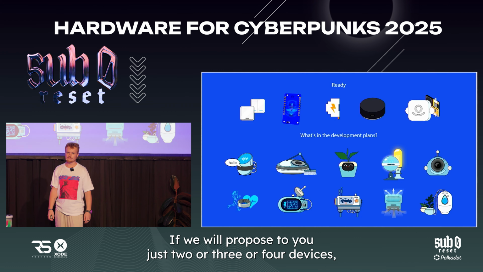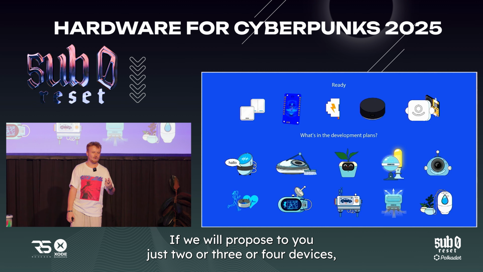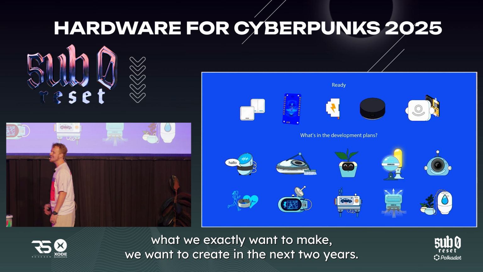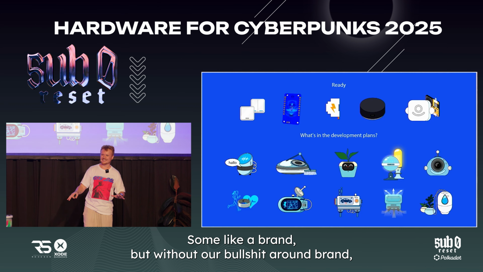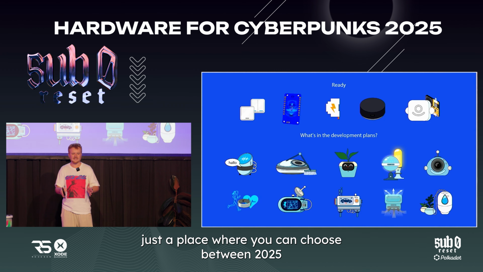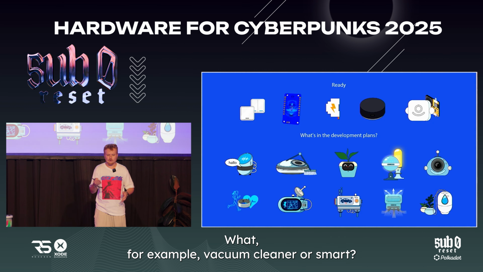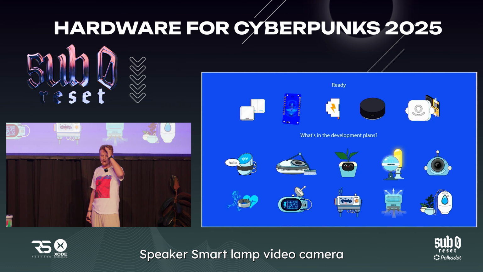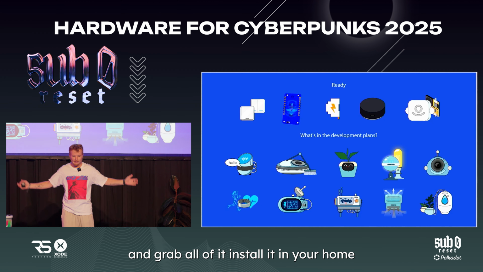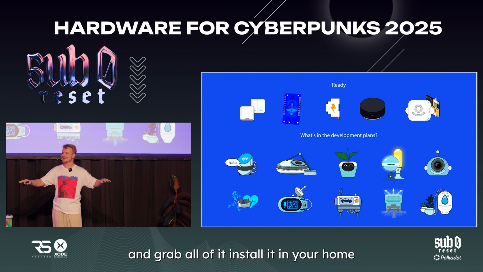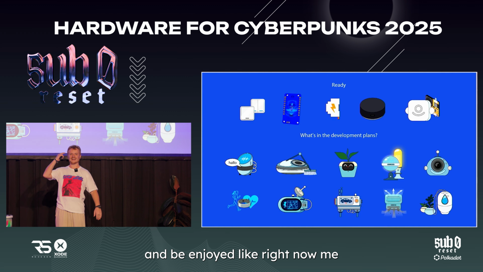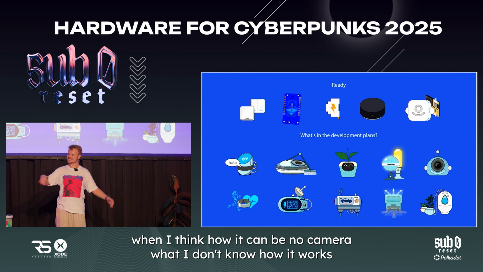It's nothing if we propose to you just 2 or 3 or 4 devices. What we exactly want to make is, in the next 2 years, something like a brand, but without the nonsense around a brand. Just a place where you can choose between 20 to 25 different smart devices and lifestyle gadgets, like a vacuum cleaner, smart speaker, smart lamp, or video camera, grab all of it, install it in your home, and enjoy, like me right now when I think how it can be.